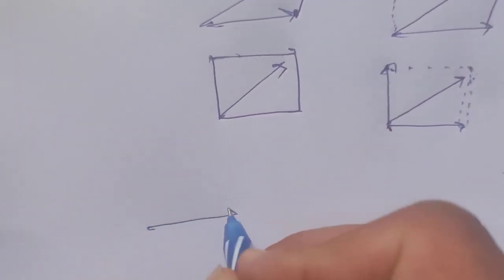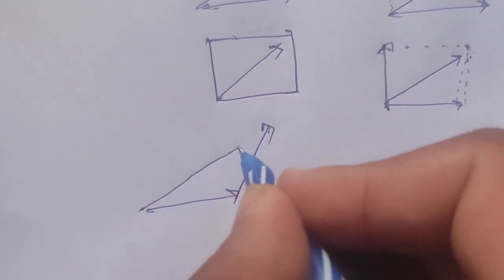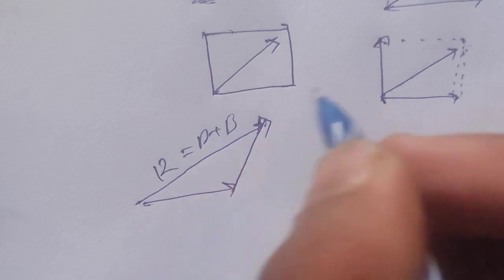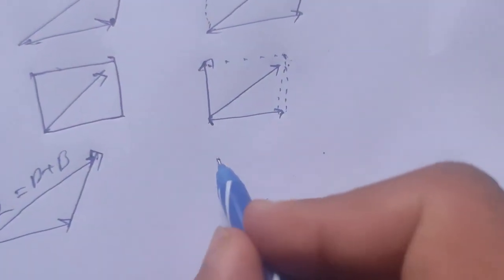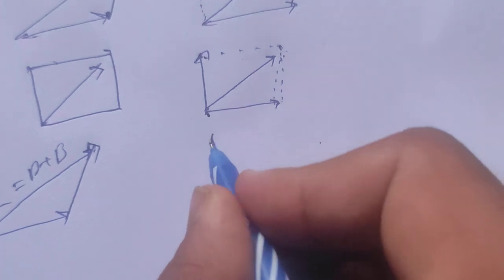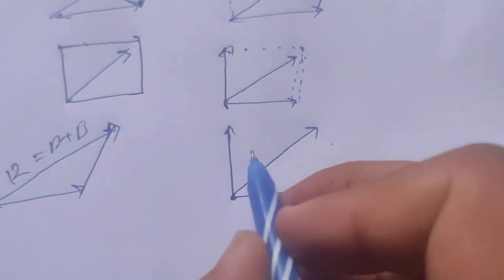In the triangle law, we know that this was the triangle and this is the resultant vector, which is a plus b. Similarly, in the parallelogram law, the resultant vector is this.